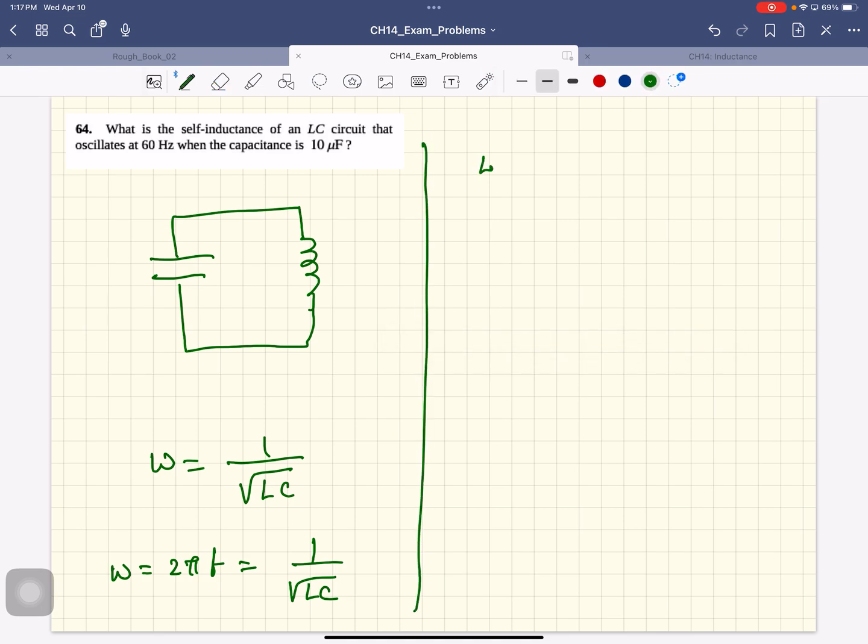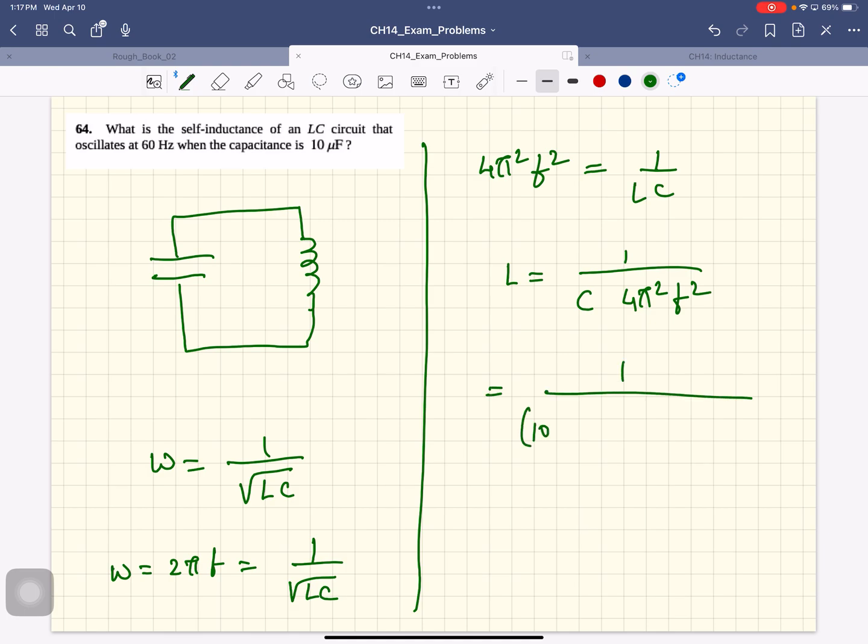So if you square that, 4 pi square f square equals 1 over LC. So L is 1 over C 4 pi square f square. The capacitance is 10 microfarads, 4 pi square, and the frequency is 60 hertz.